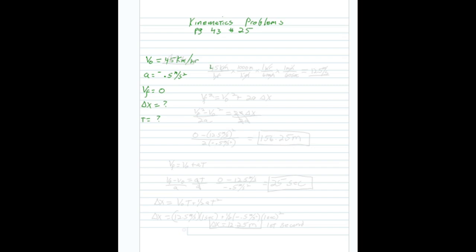So what we're going to do is write 45 kilometers per hour. Okay, we're going to convert to meters per second. So we're going to multiply by 1,000 meters per kilometer. That'll get rid of my kilometers. And I'm going to multiply by 1 hour over 60 minutes.